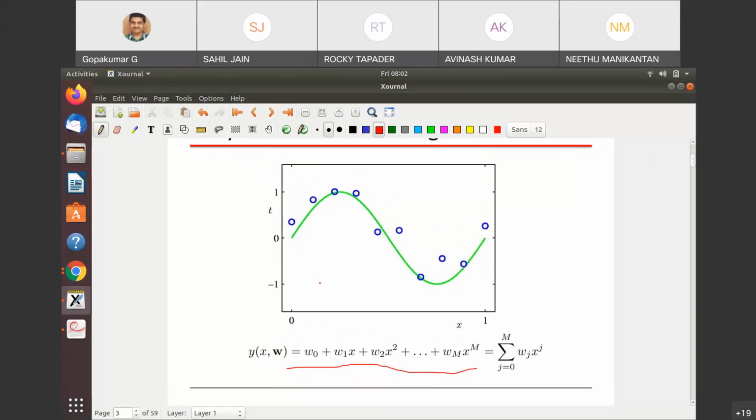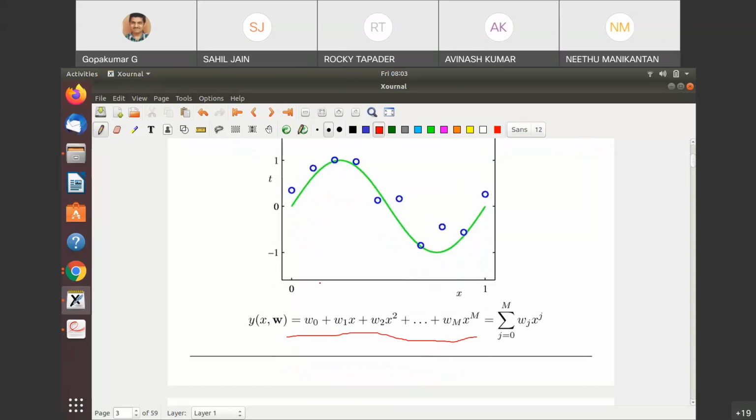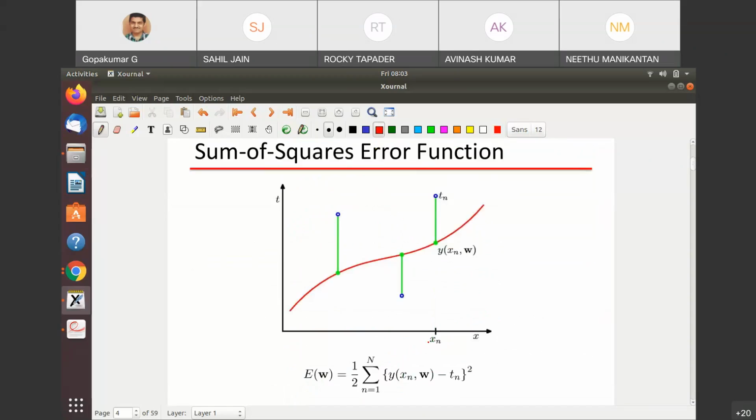And then we have seen different cases for m, such as m is equal to 0. Before that we defined how we can evaluate the error involved in the model that we build, with respect to the original function. We define an x vector and a target vector t, and we assume this is a function giving predicted values along this curve.